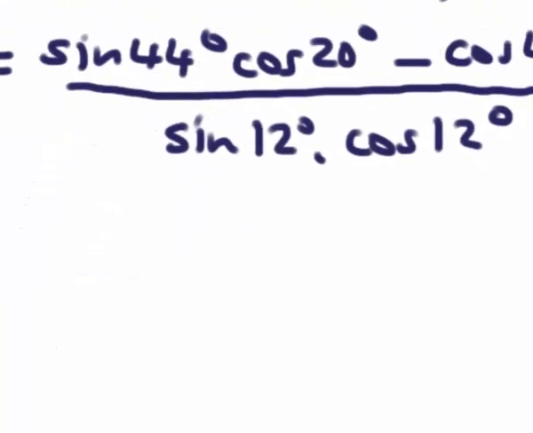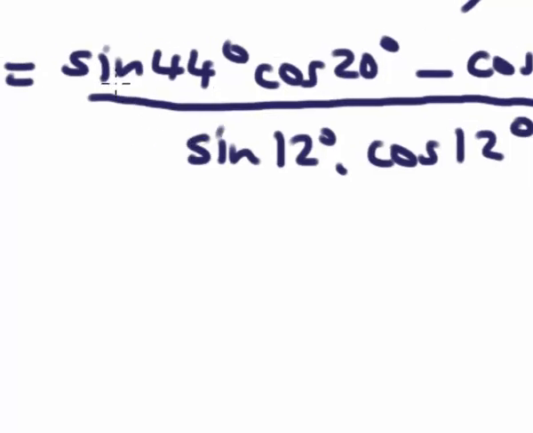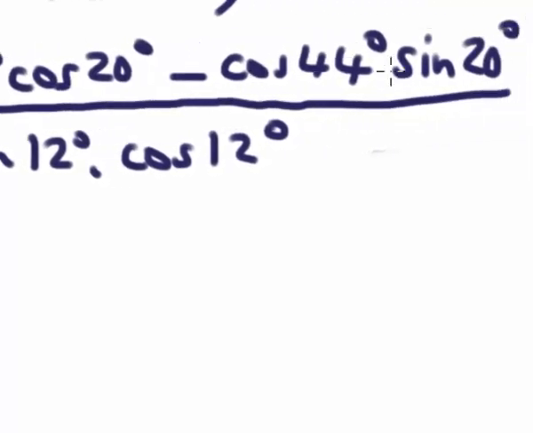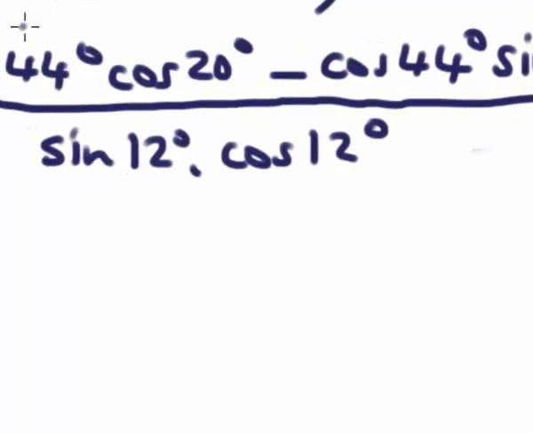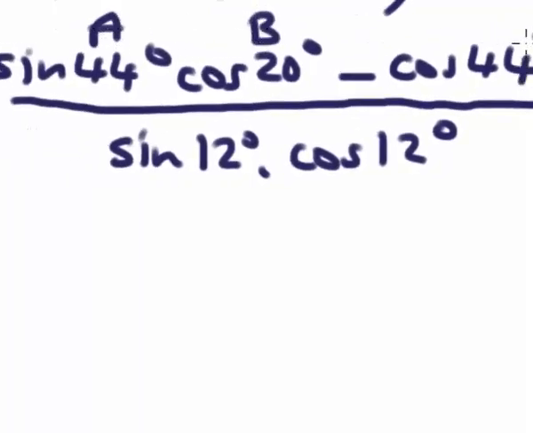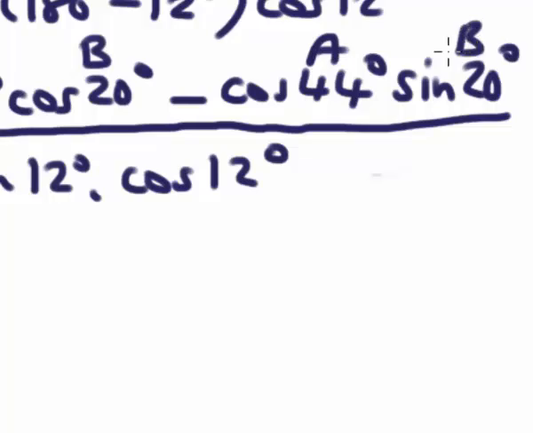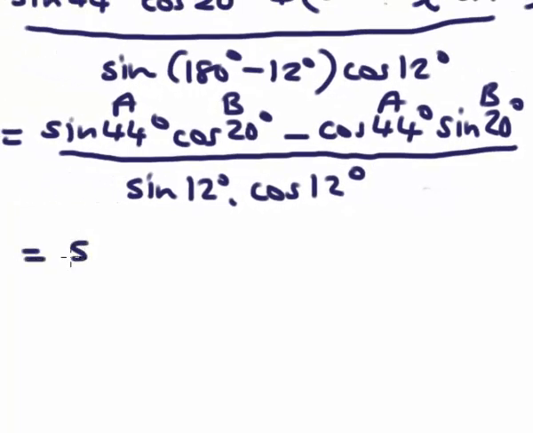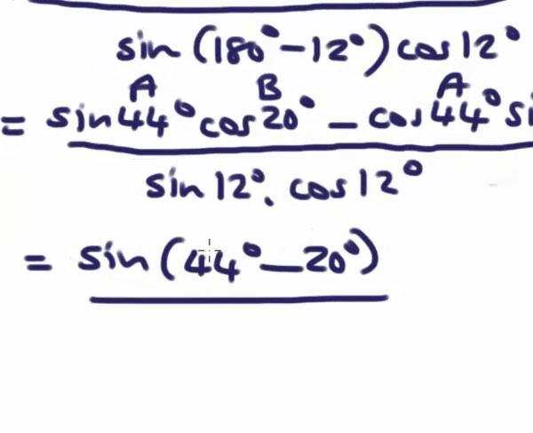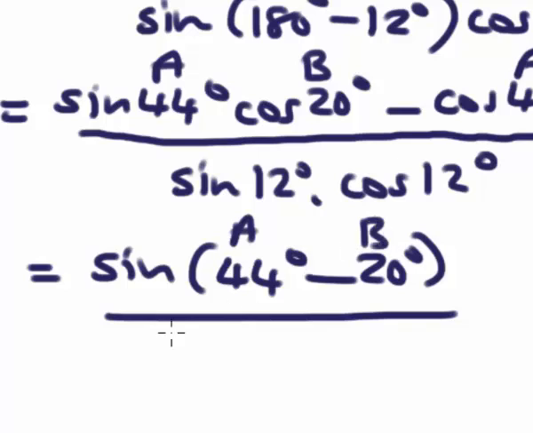Now, sine cos minus cos sine: check that, if that's sine A cos B minus cos A sine B, that becomes the sine of A minus B. Very important. That is a rule, the compound angle formulas.